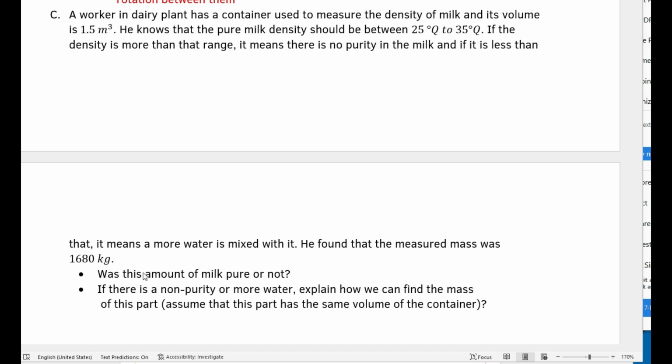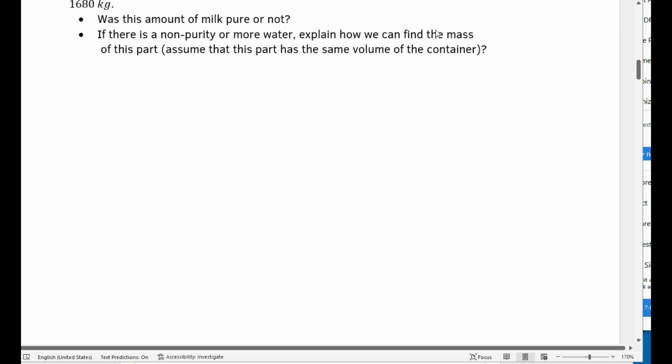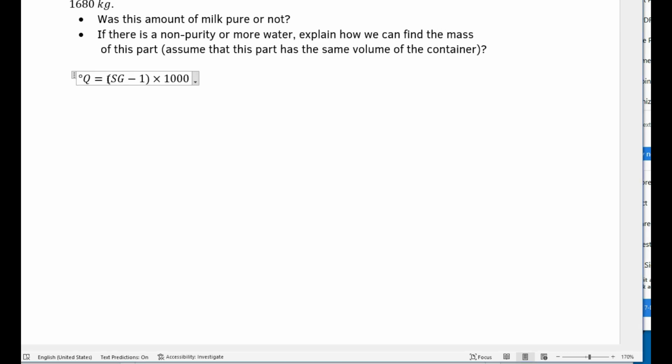Okay, now we'll answer the first question. Was it pure or not? I cannot decide until I calculate the density of the milk inside this container. QVNU here is a special unit used in dairy plants for expressing density, and there is a relationship between the specific gravity and the QVNU units.